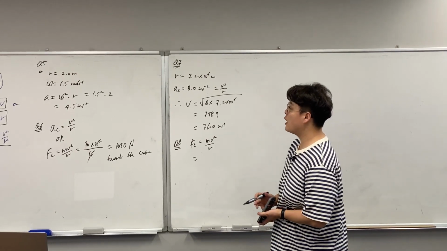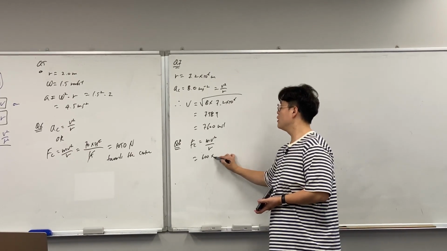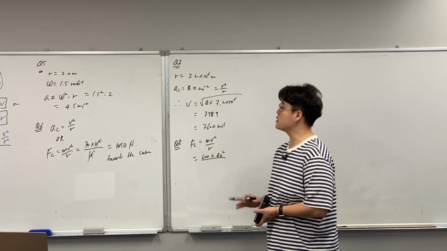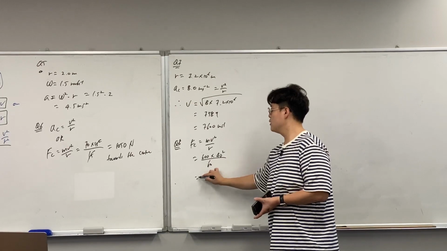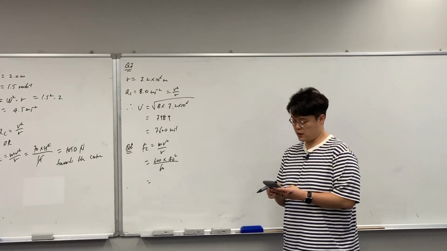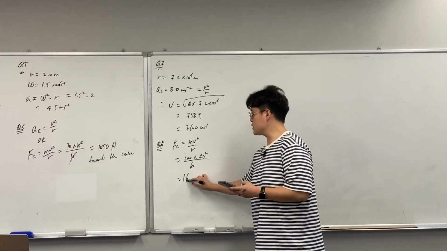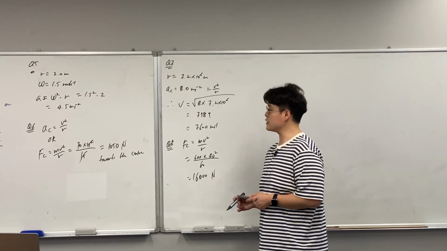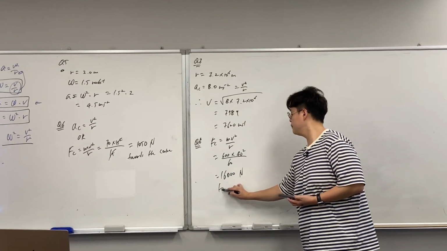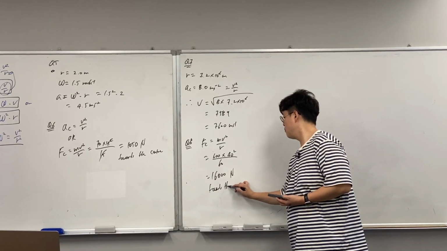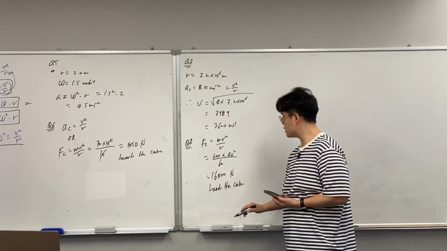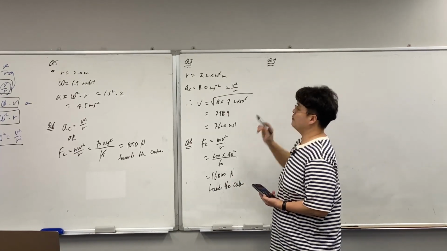The car's mass is 600 kilograms, times the velocity of 40 squared, divided by the radius 60. So 600 times 40 squared, divided by 60, you get 16,000 newtons. The direction would be towards the center again.